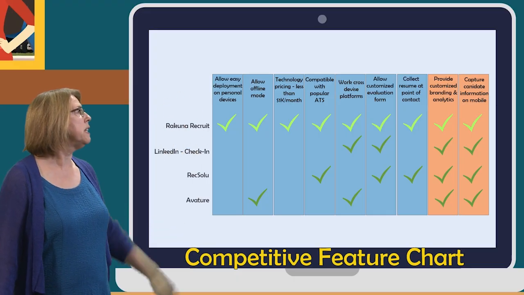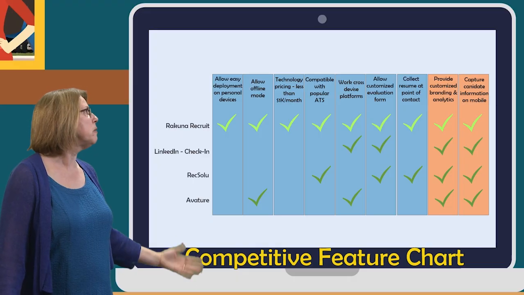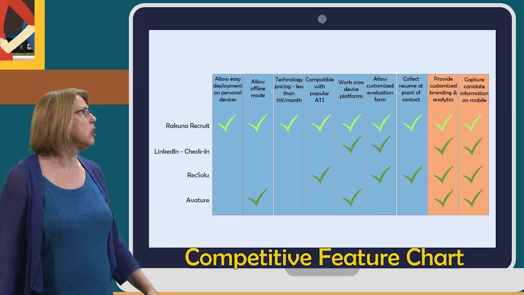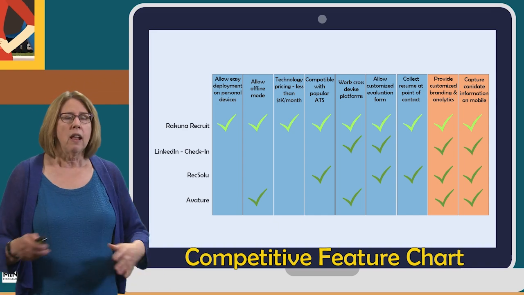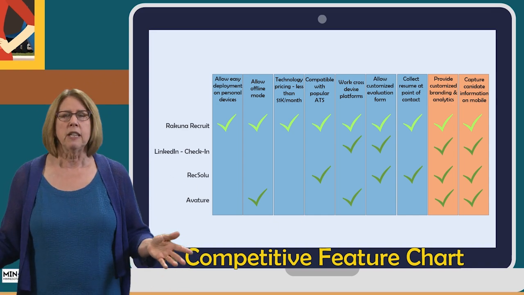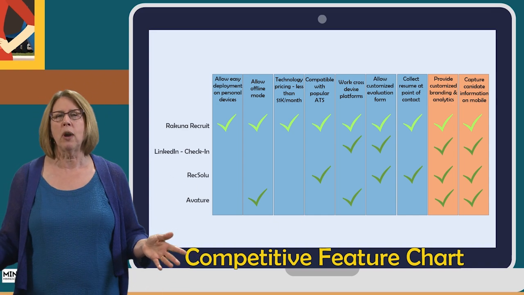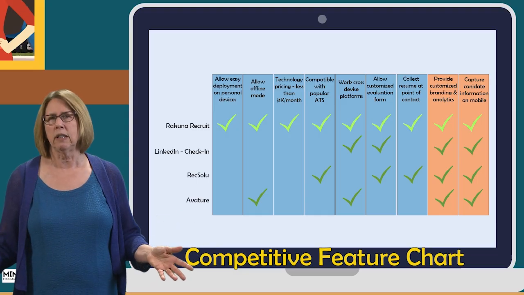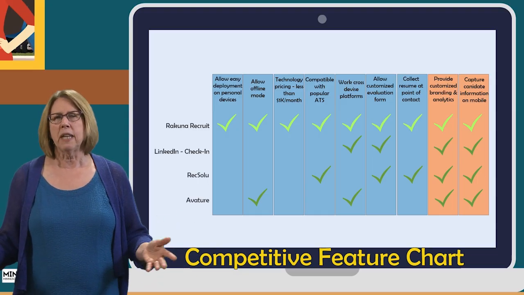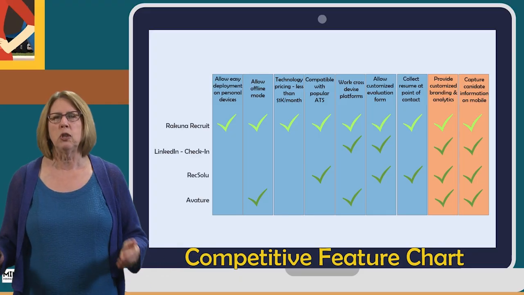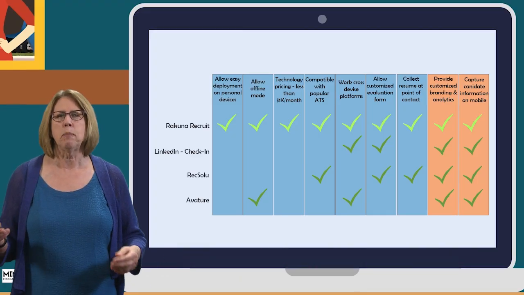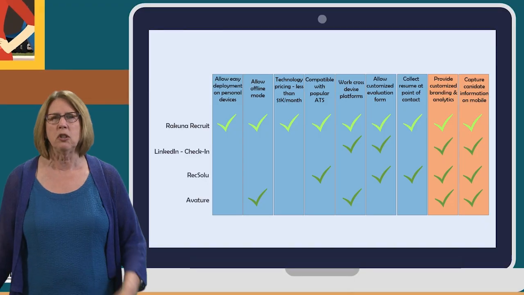This happens to be an example from former students of mine who are in the human resources recruiting space. It is very tempting in these competitive feature charts to try to lay out everything. But that's not what makes sense, because not every feature matters to your target market. Try to keep it focused on what matters to your customers.